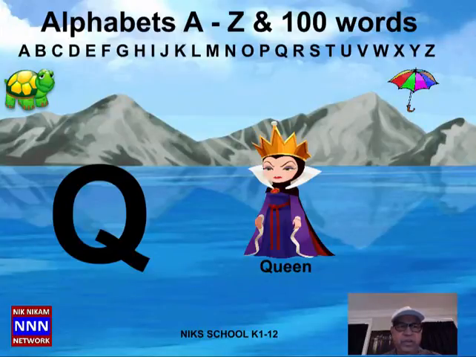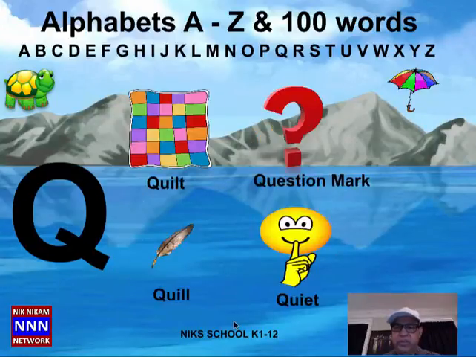Okay, let us look at some more words starting with Q. Let us see what it shows here. Oh, look at all these different things starting with Q. Here's letter Q, and this is called a quilt. If you check your blanket, it may be made of small pieces of cloth sewn together.